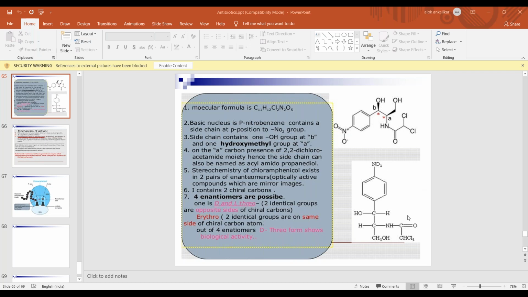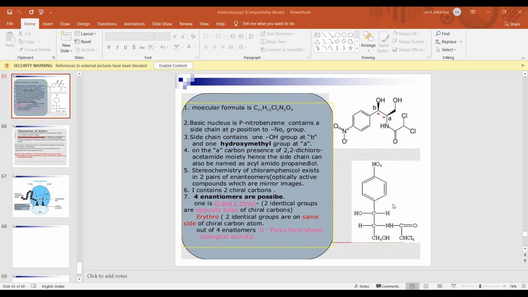Both the structures are of chloramphenicol only. Preferably note down the one below, it is easier to remember. Okay, there are also some SAR points for this miscellaneous drug, chloramphenicol. You could note down the SAR points.